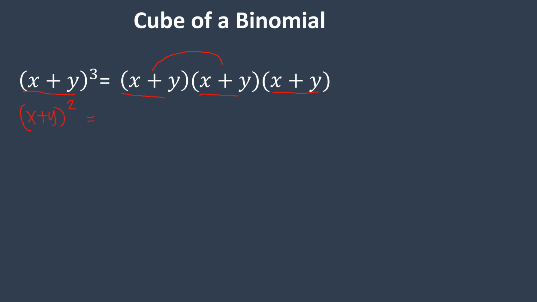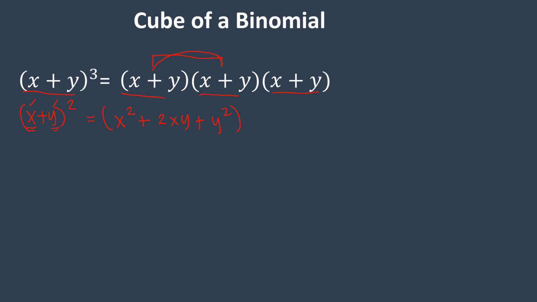First, square the first term, x, plus twice the product of the first and the second, plus the square of our last term, y. This is already the product of the first two binomials.